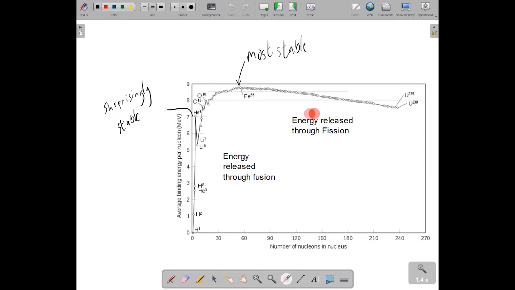So we're starting from uranium-238, which from the graph is roughly 7.5 MeV per nucleon for the binding energy. And then I'm going to have 3 neutrons released. So the mass of those individual neutrons is going to increase.